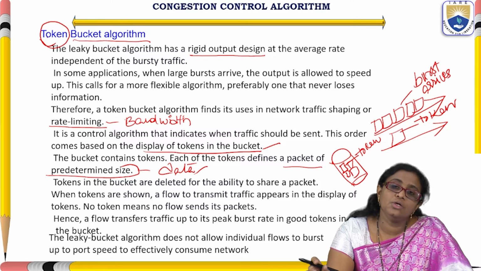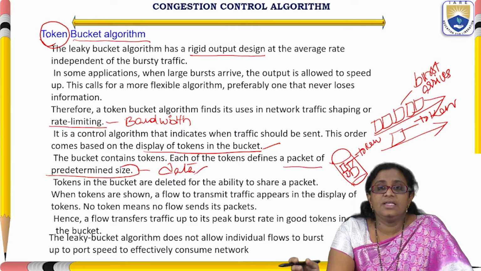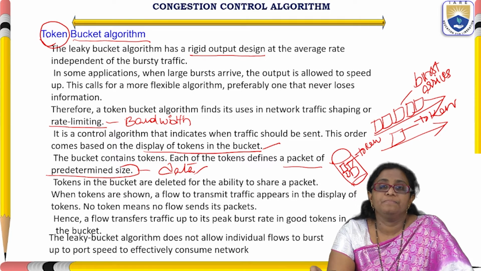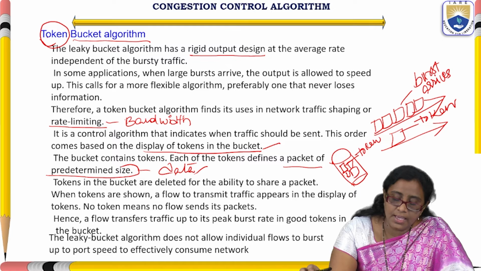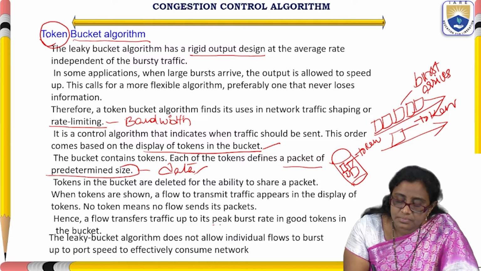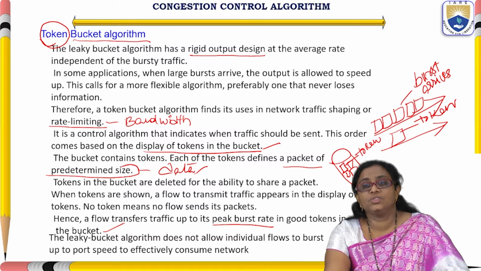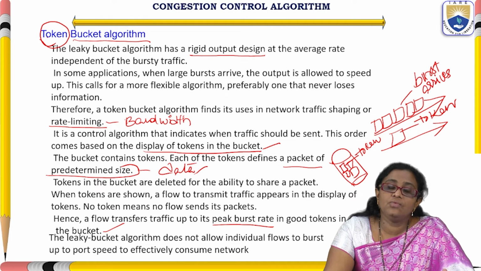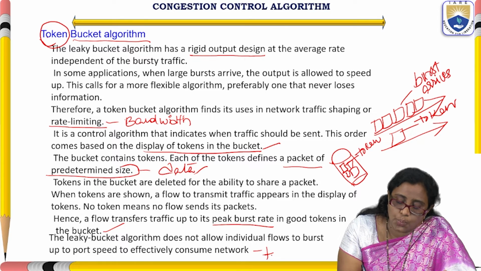No token means no flow of incoming packets and no flow of outgoing packets. Hence, a flow can transfer traffic up to its peak burst rate when there are good tokens in the bucket. The leaky bucket algorithm does not allow individual flows to burst up to the port speed, which would effectively consume the total network topology.